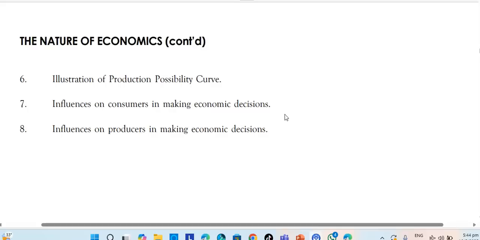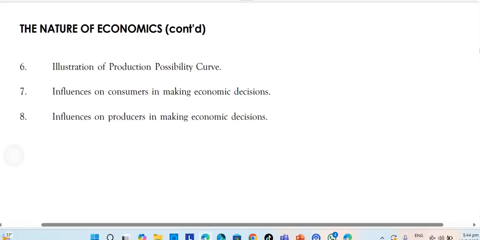Your parents may choose to buy a house instead of buying a car. So your basic needs are much more important than any wants that you may have. So needs and wants can help decide how we make economic decisions.